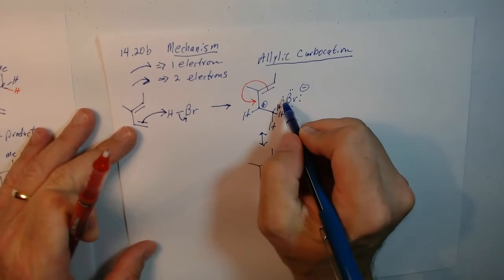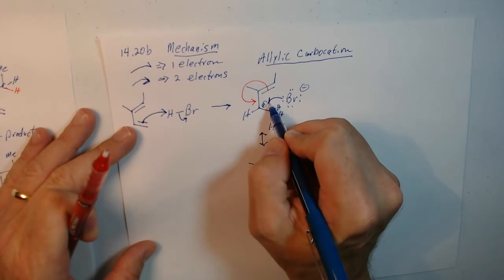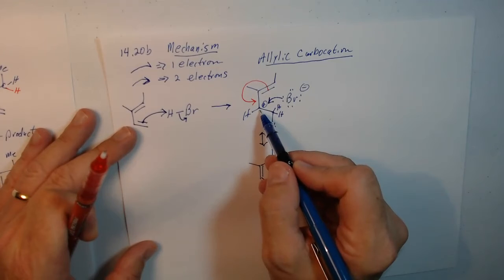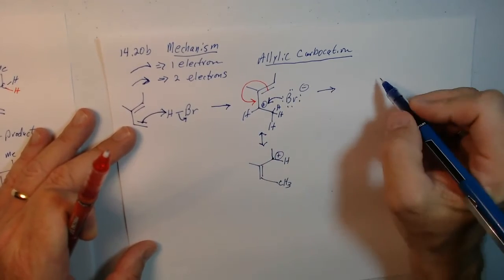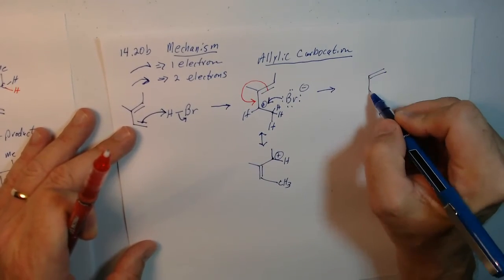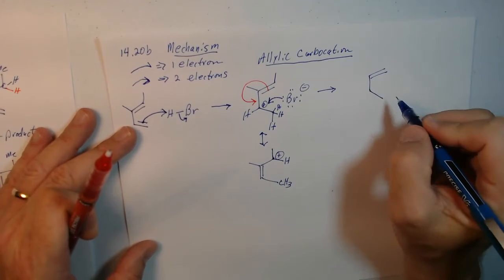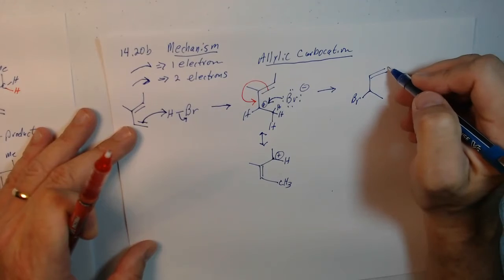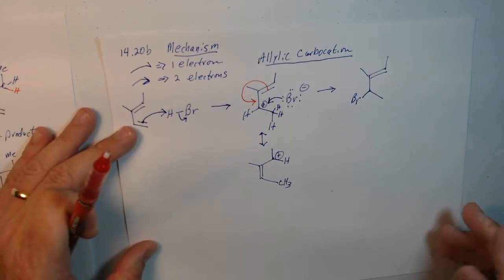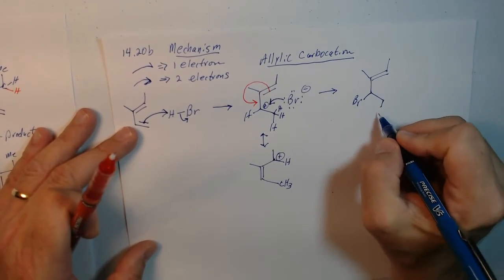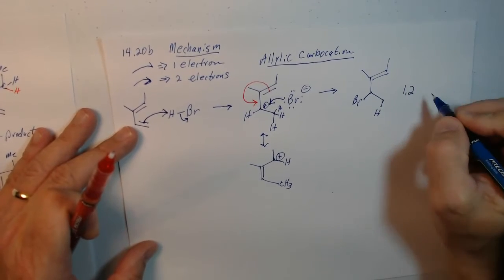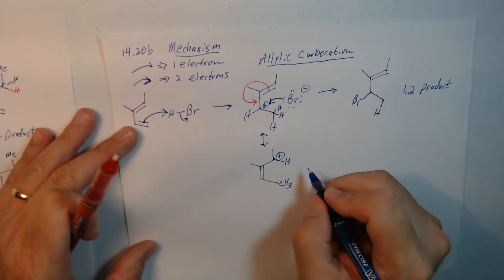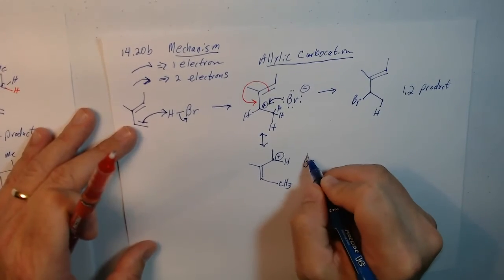So if it attacks this carbon and this carbocation, again, nucleophile, electrophile, we get here a net 1,2 product. And I'll redraw the bromide down here.